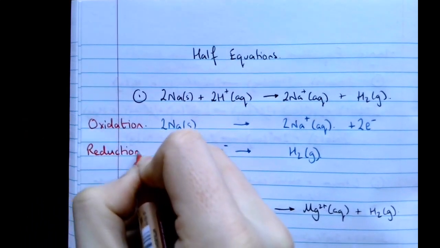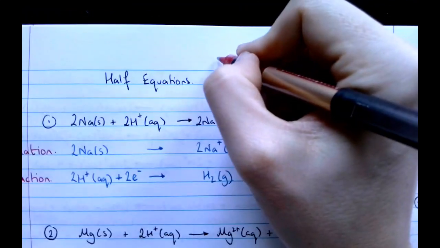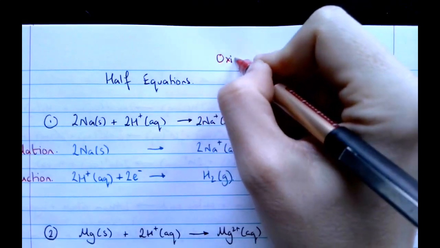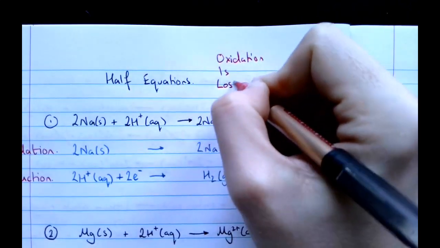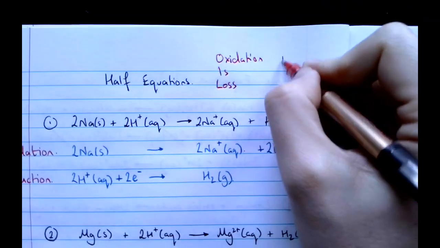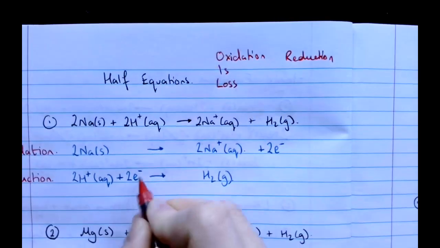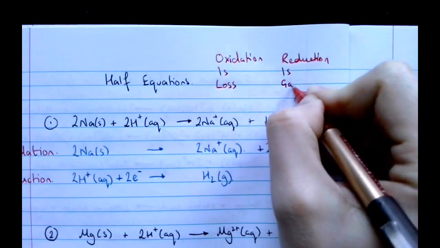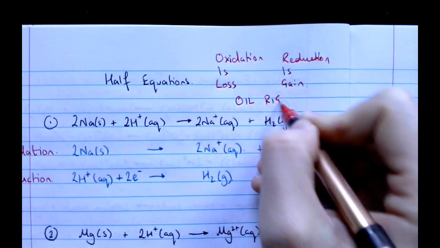And the way you remember it is, oxidation is loss. So in oxidation I'm losing the electron, and in reduction I'm gaining the electron, reduction is gain. So I have OIL RIG. Oxidation is loss, reduction is gain.